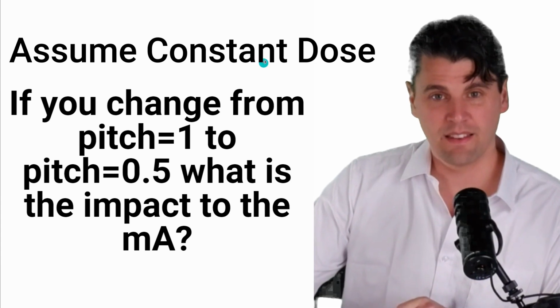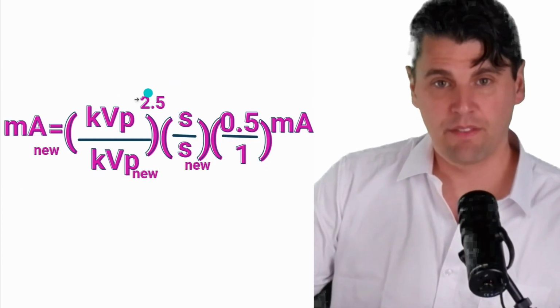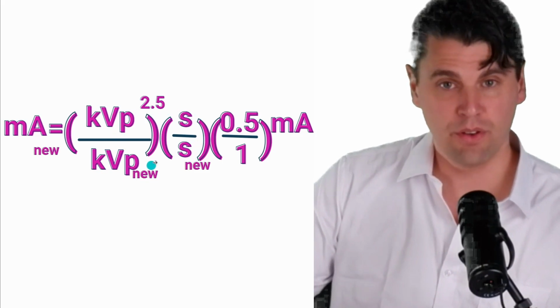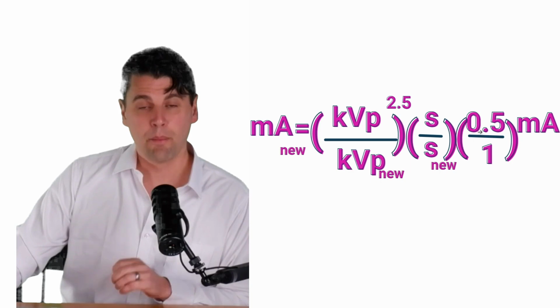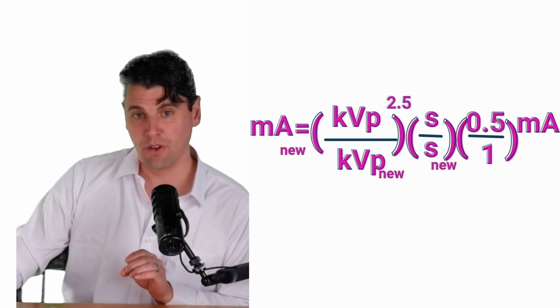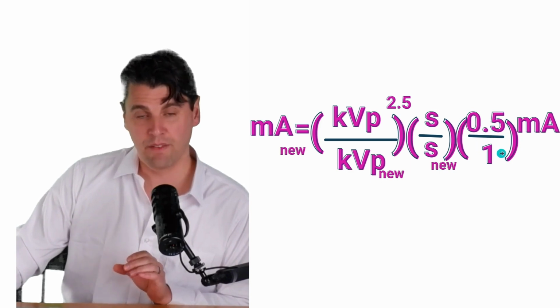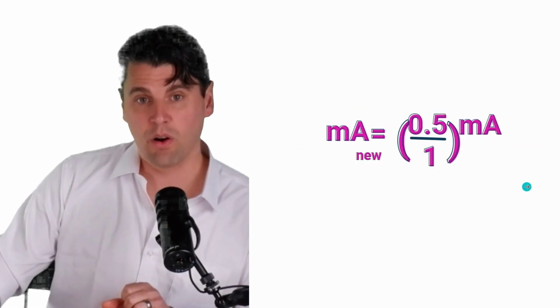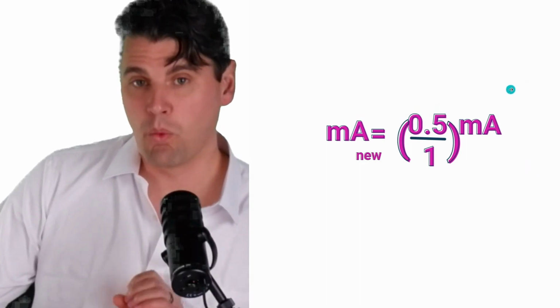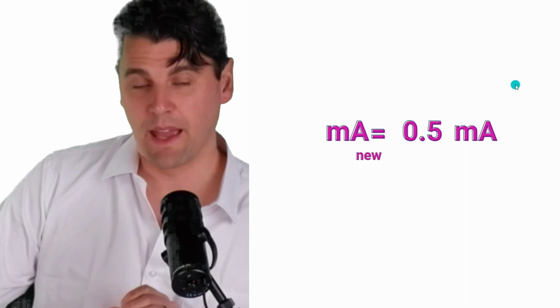So again, with the same equation, our kVp term and our term that depends on the time, those two aren't changing at all. But if we plug in the values for the pitch, we have a pitch of 1/2 here for the new value, and then a pitch of 1 for the original value. So our new MA is actually going to be 1/2 of our original MA.